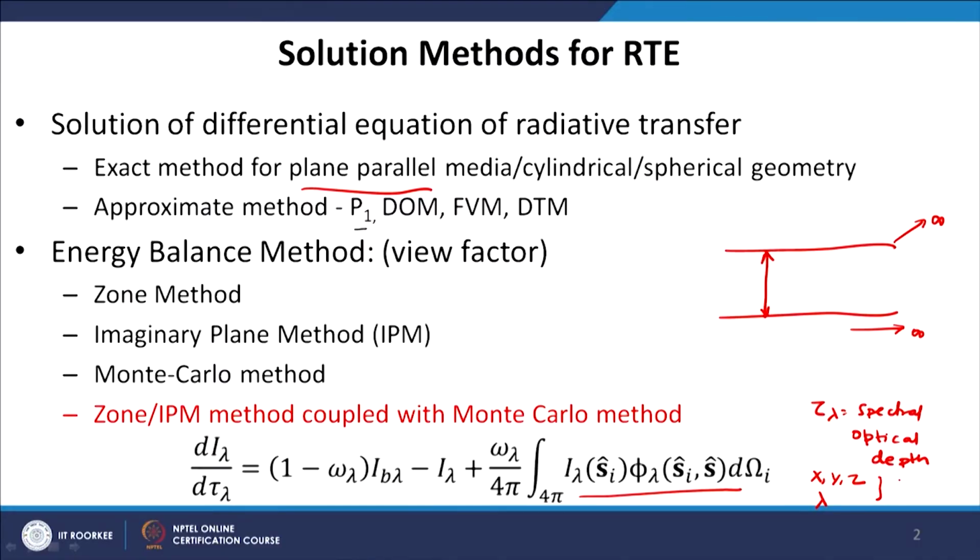So, it takes time to solve the problem for all the wavelengths, but for each wavelength the problem is independent and wavelength does not create as much complexity in the solution as is introduced by the 2 directional variables theta and psi, the polar angle and the azimuthal angle.